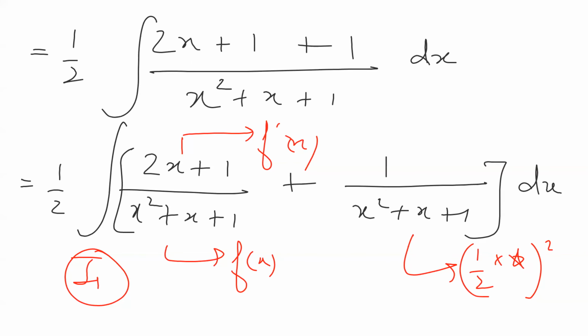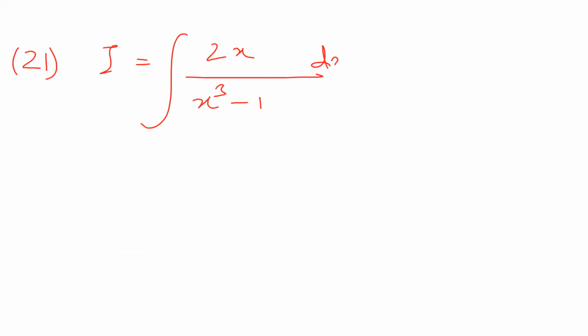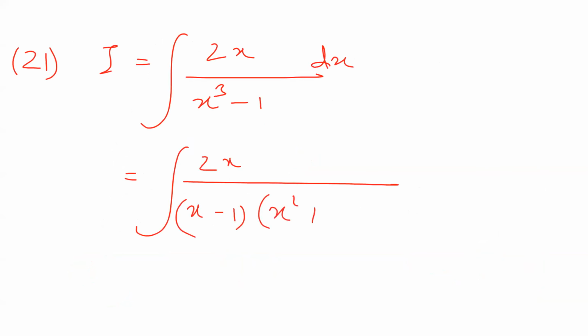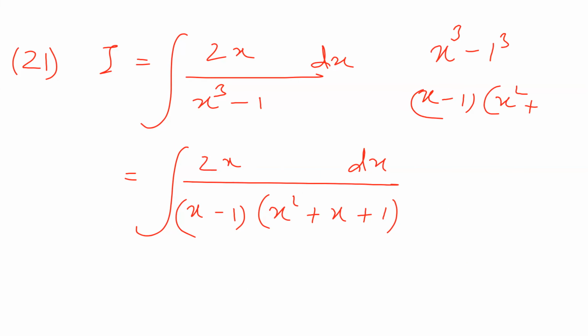I'll be giving hints for a couple of problems. You can solve them for your practice at home. The hints are as follows. Question number 21: integration of 2x upon x cube minus 1 dx. So this is 2x upon x minus 1 into x square plus x plus 1. What I've done is x cube minus 1 cube, a cube minus b cube, so a minus b into a square plus ab plus b square.